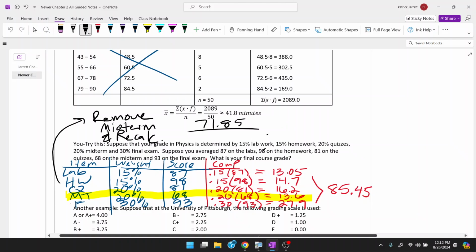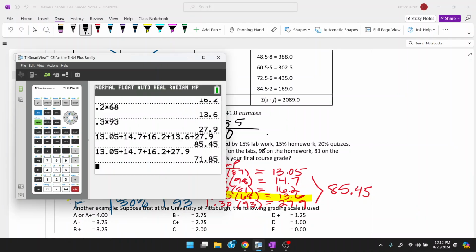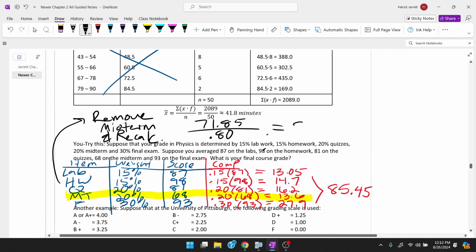So if you divided that by 0.80, that's an 89.81, and I would round that to a 90.